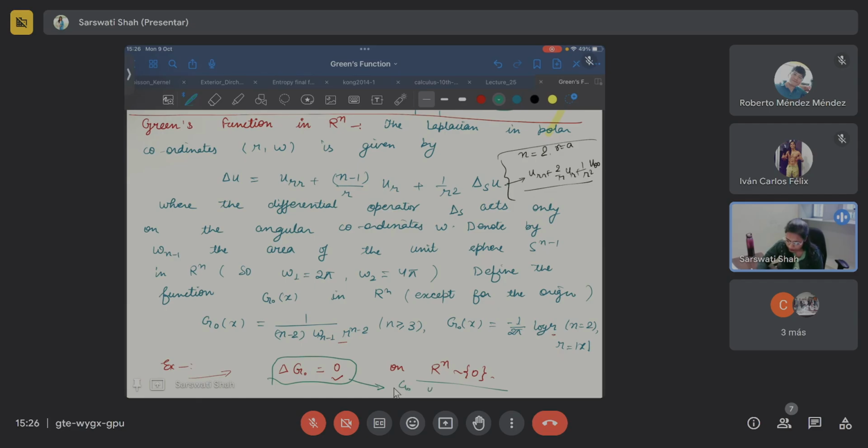So we can say that G naught is harmonic in Rn minus 0.